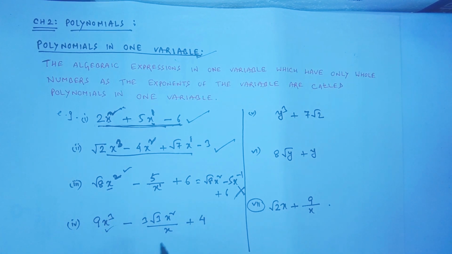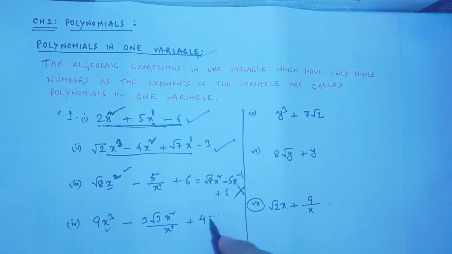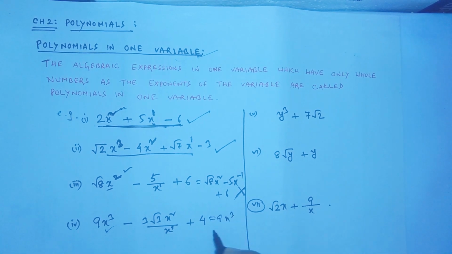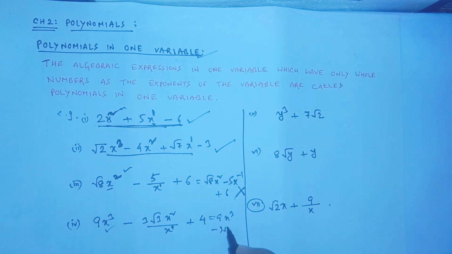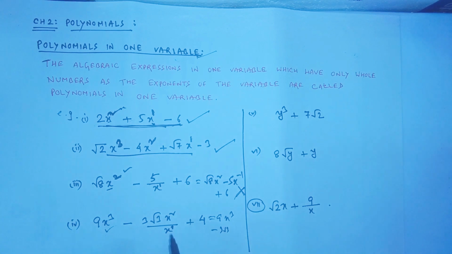Here you again see 3 root 3 x square by x, this x is in the denominator and its exponent is 1. If I now simplify as I have shown in number 3, it will be 9x cube minus 3 root 3 x square by x to the power 1.